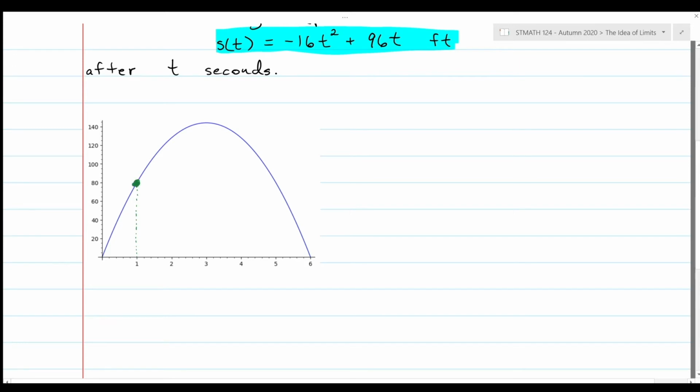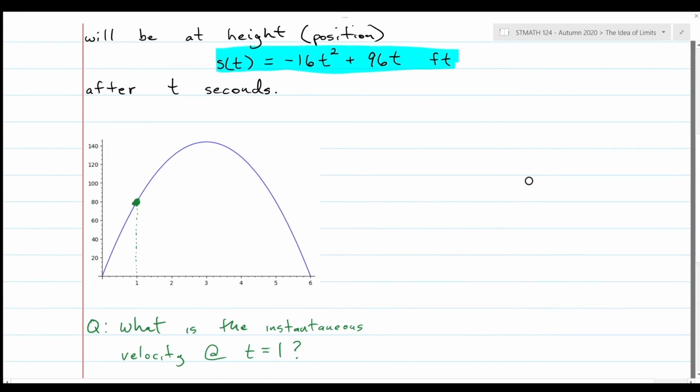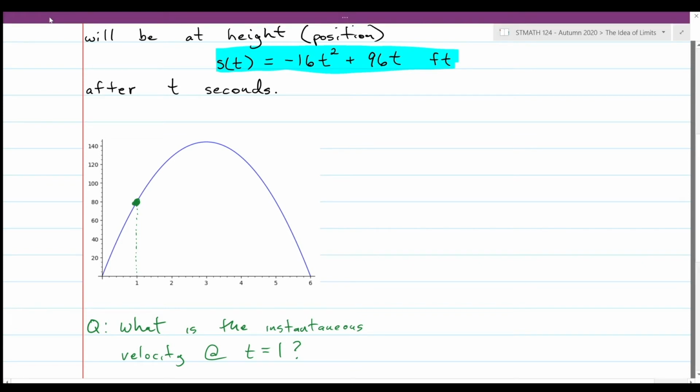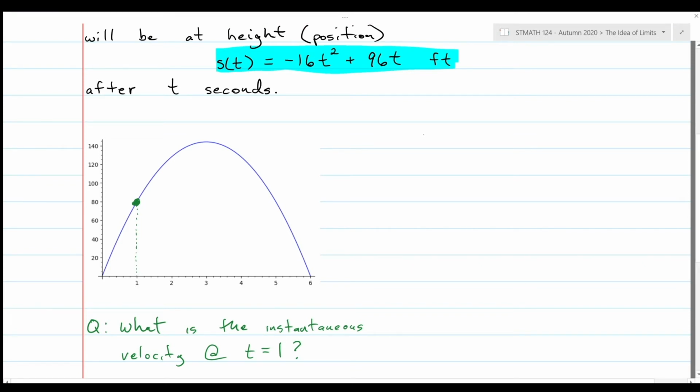I'm going to be interested in what is the instantaneous velocity whenever time is equal to 1 second. I haven't told you how to do that yet, so the point of this example is going to be to build up to how we answer that sort of question. To get us thinking in that way, I want to make a little table of average velocities over intervals of time that start at 1 and go up to some other time t.